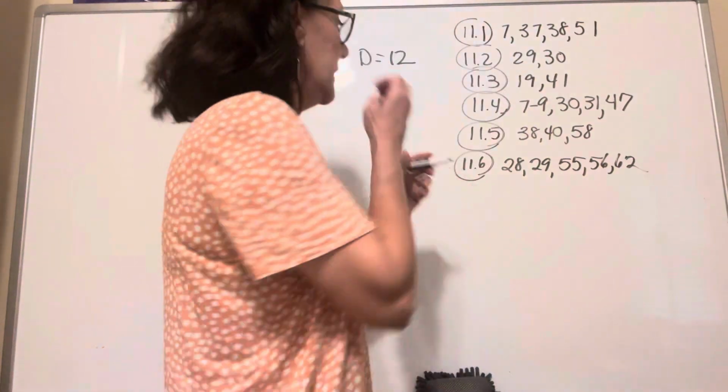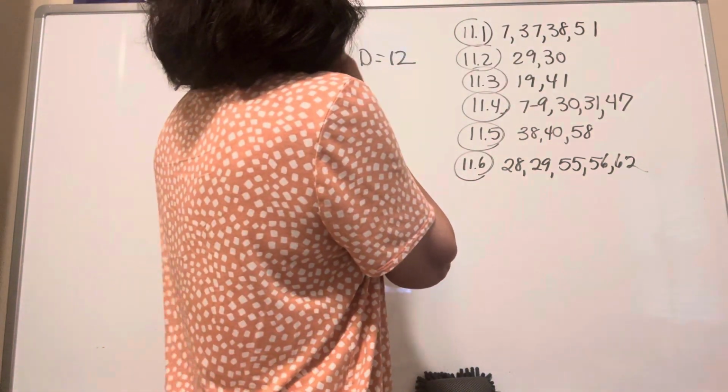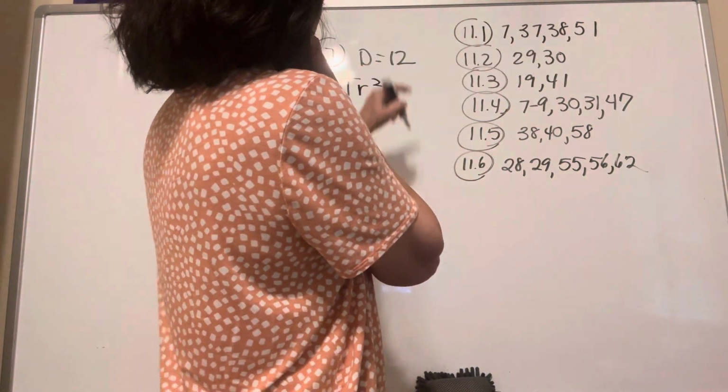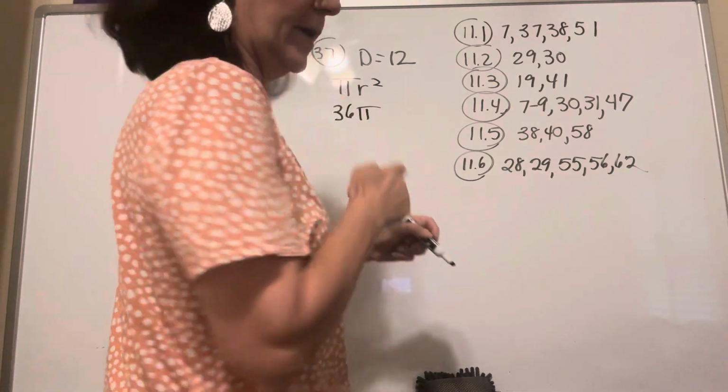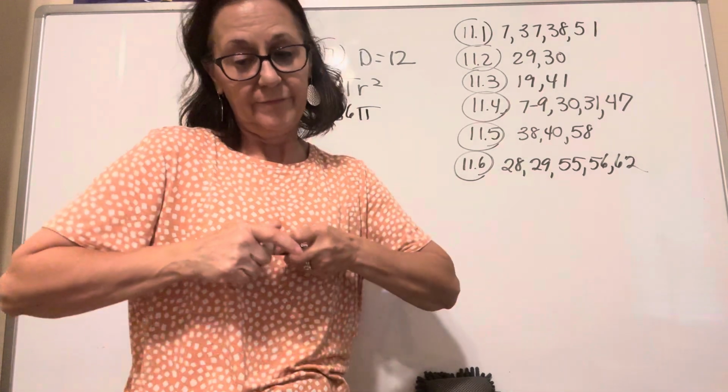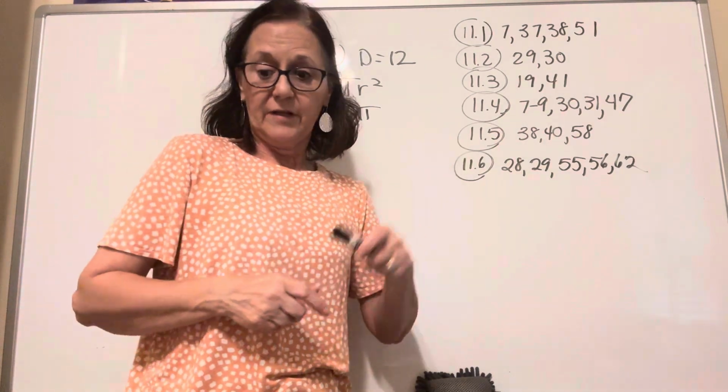Area is pi r squared, but that's 36. So it's 36 pi square inches. You just put that in your calculator. I would have you leave it like that.